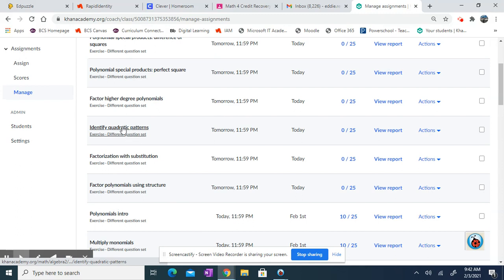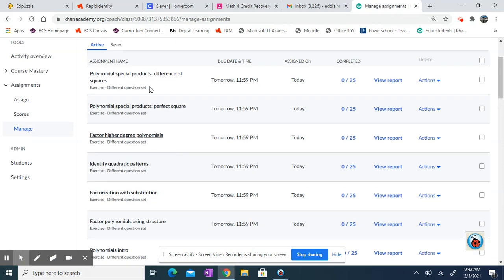This is helping you to factor, identify quadratic patterns, and factor high degree polynomials. These 2 are actually multiplication, but it's smart to do the multiplication first because what we're really interested in is the reverse process, which is factoring.